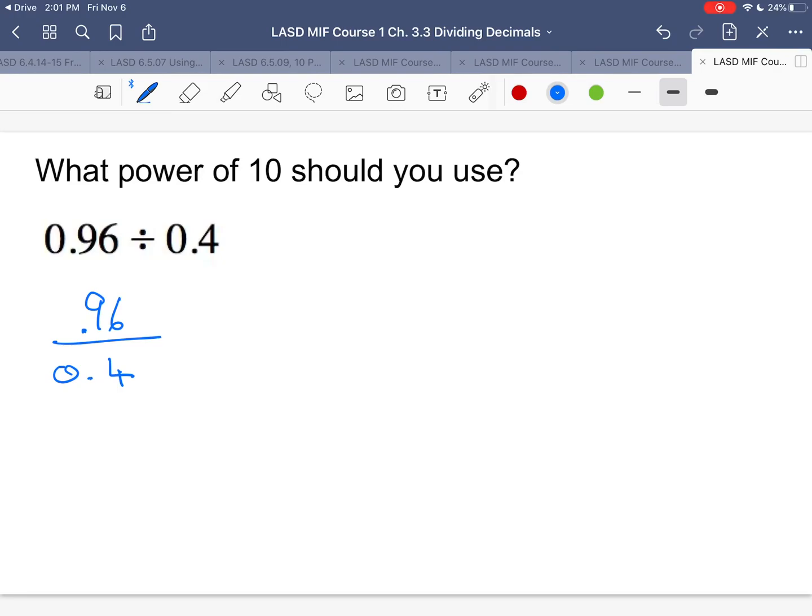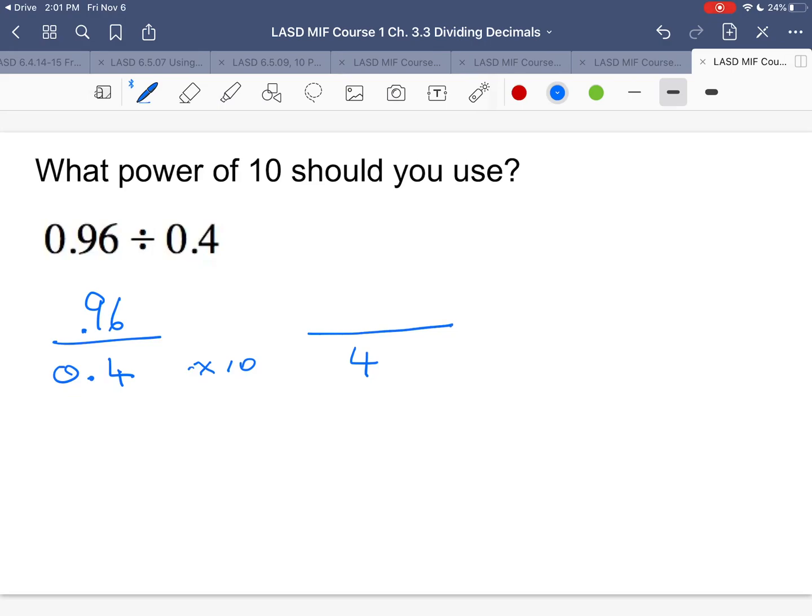So I need my divisor to have no decimal place. So what number do I need to multiply it by to have no decimal place? I need to multiply by 10. So 0.4 by 10 is 4, which is much easier to divide with.